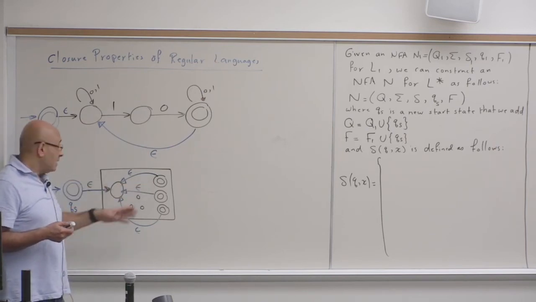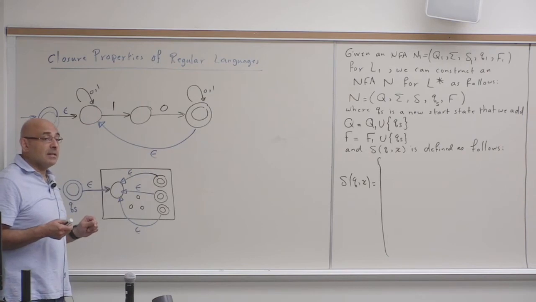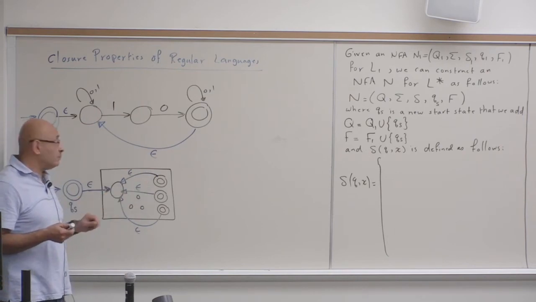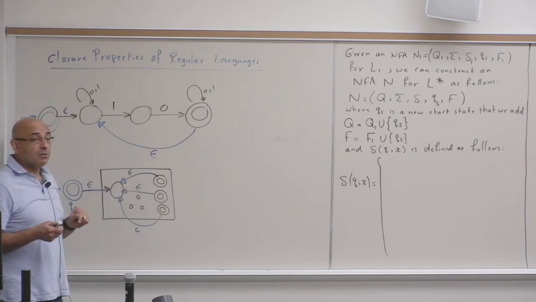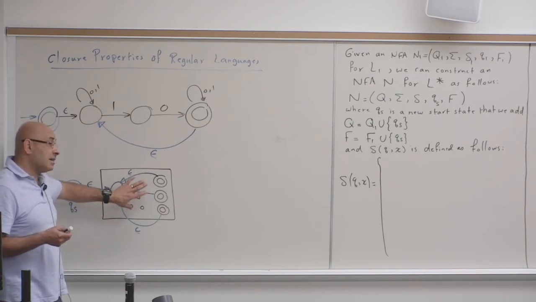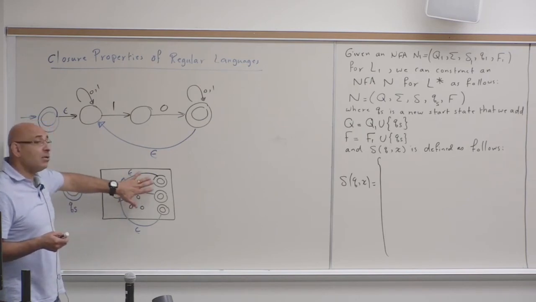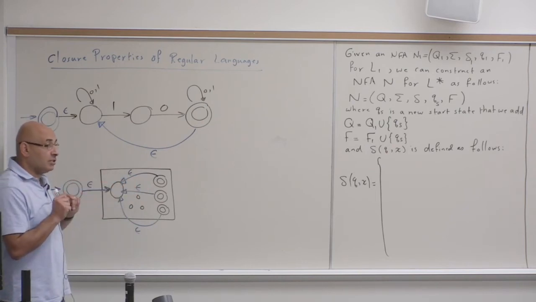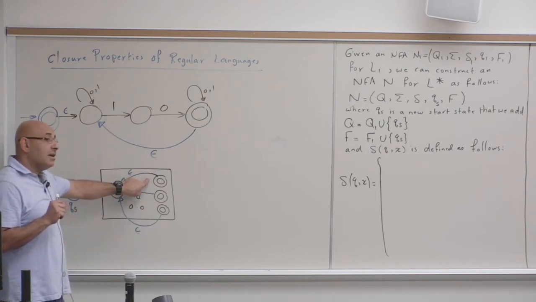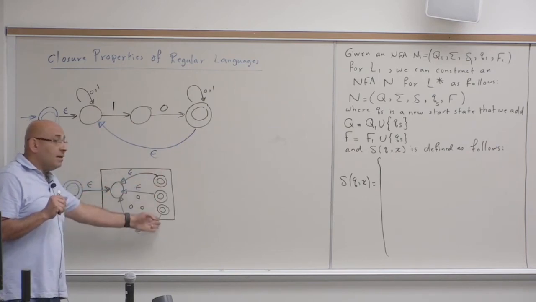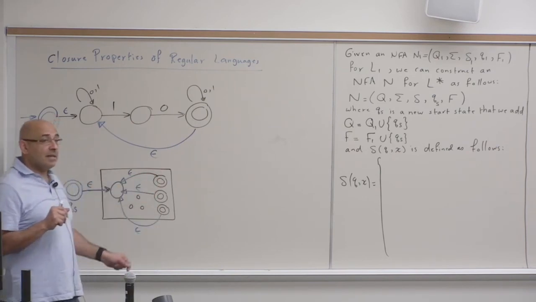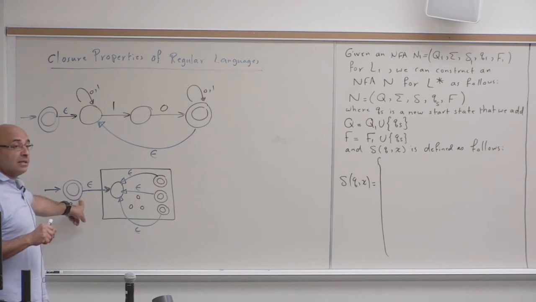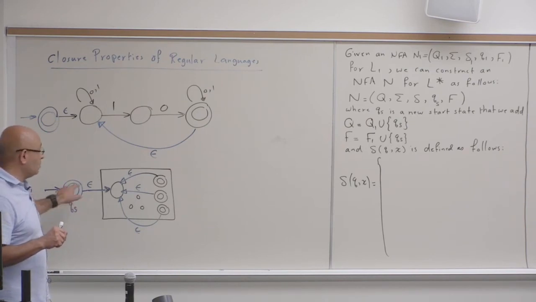Just the accept states. So any state that is not an accept state, we didn't touch it. We didn't make any change to its transition. We only changed the transitions for these accept states, and then we also added a new state. So we should define the transitions for this new state.